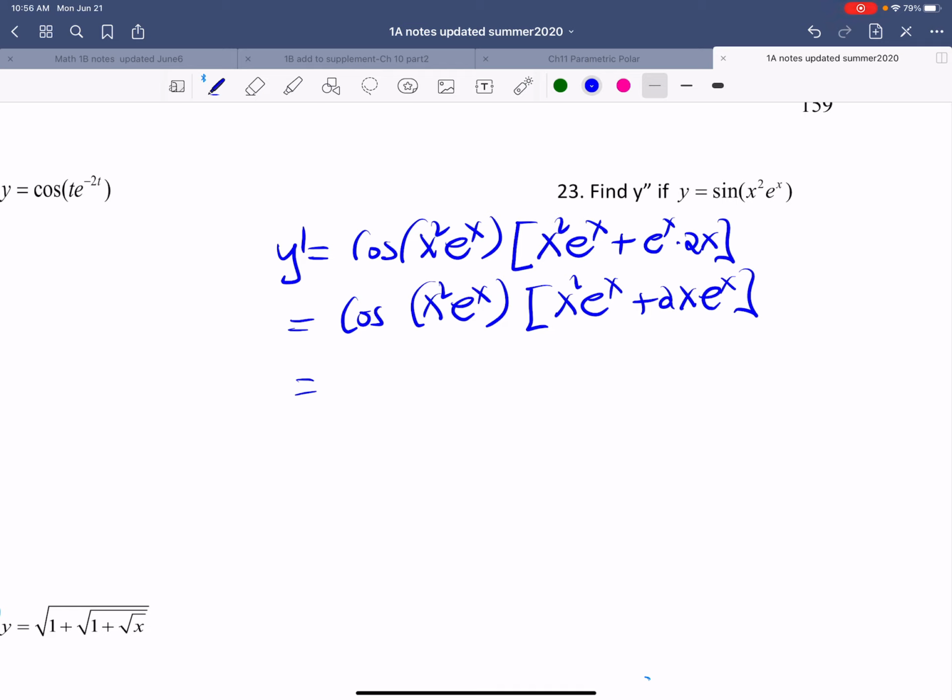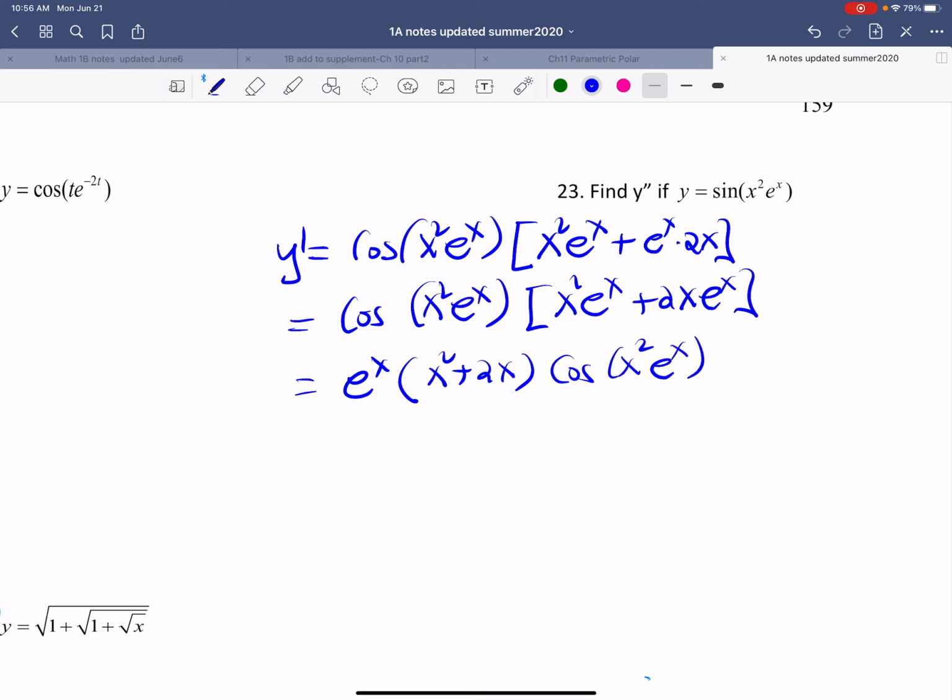Okay, now we can use the product rule here. So we can pull out e to the power x, and inside would be x squared plus 2x, and then we have cosine of x squared e to the power x.